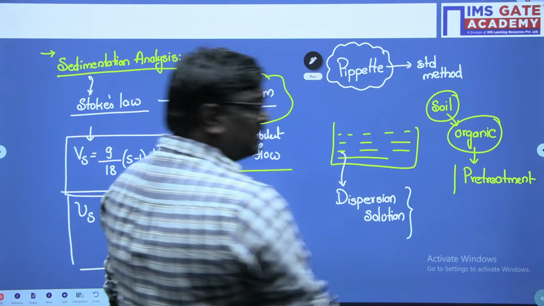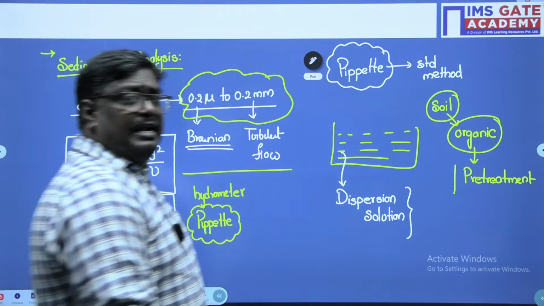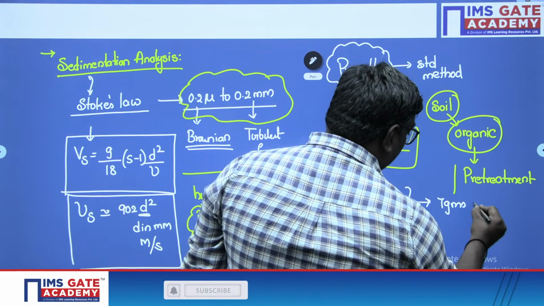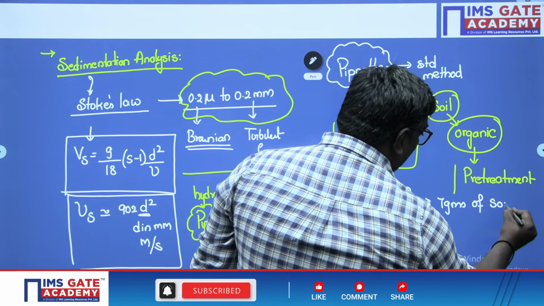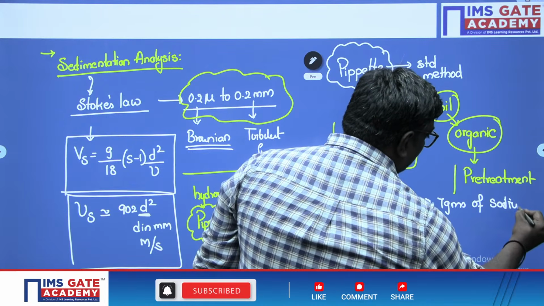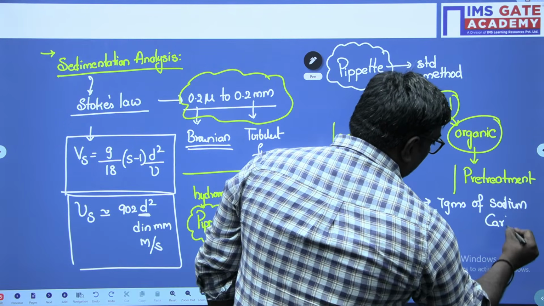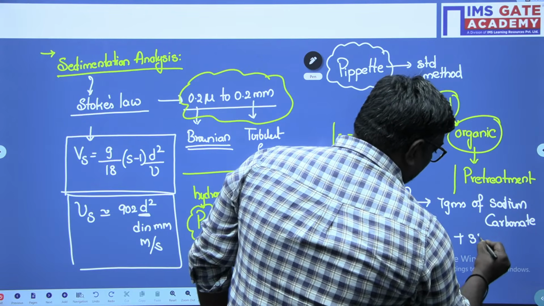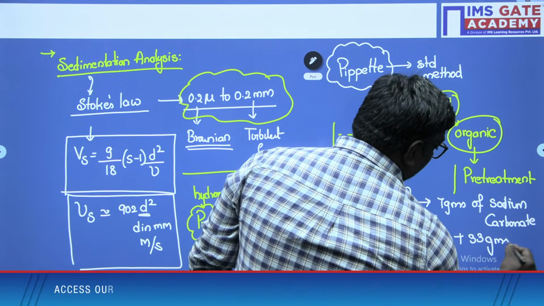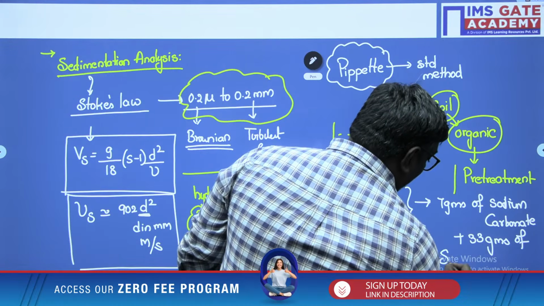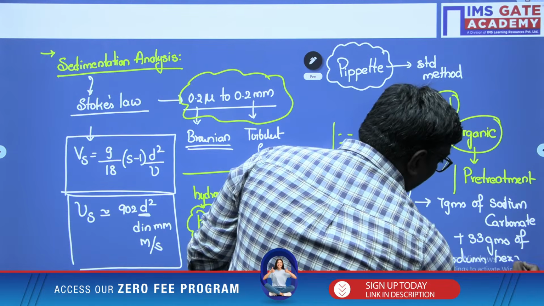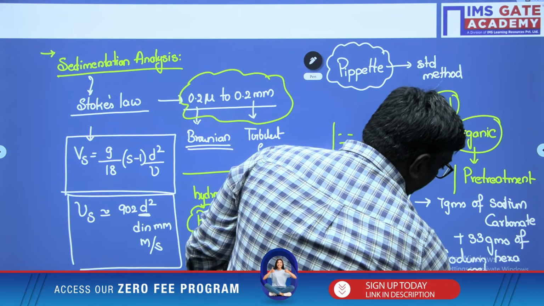So the dispersion solution contains 7 grams of sodium carbonate plus 33 grams of sodium hexametaphosphate.